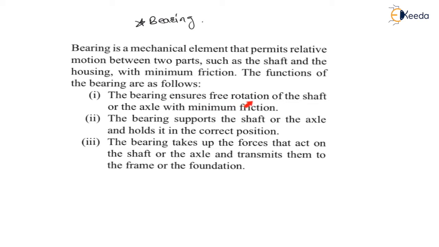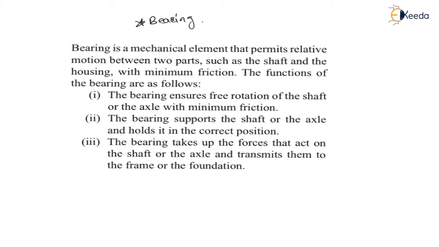Bearing ensures free rotation of shaft or axle with minimum friction. The bearing supports the shaft or axle and holds it in correct position. The bearing takes up the forces that act on the shaft or axle and transmits them to the frame.